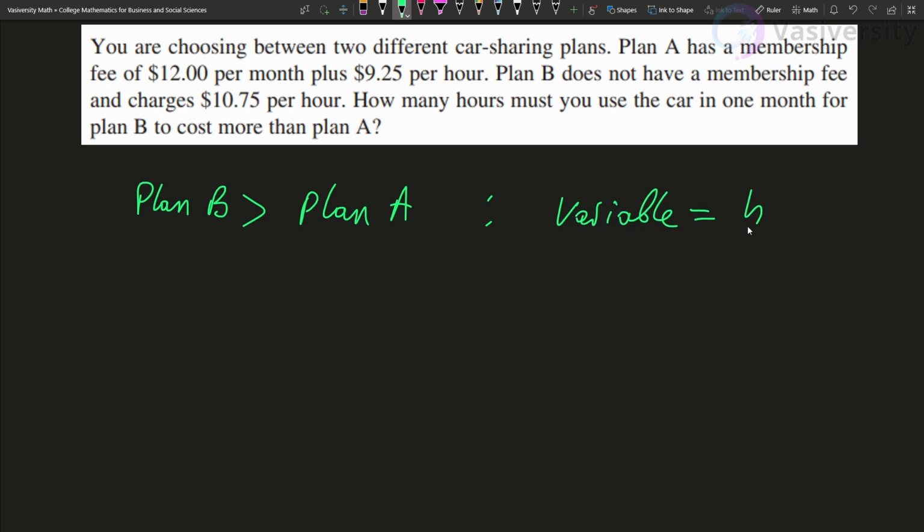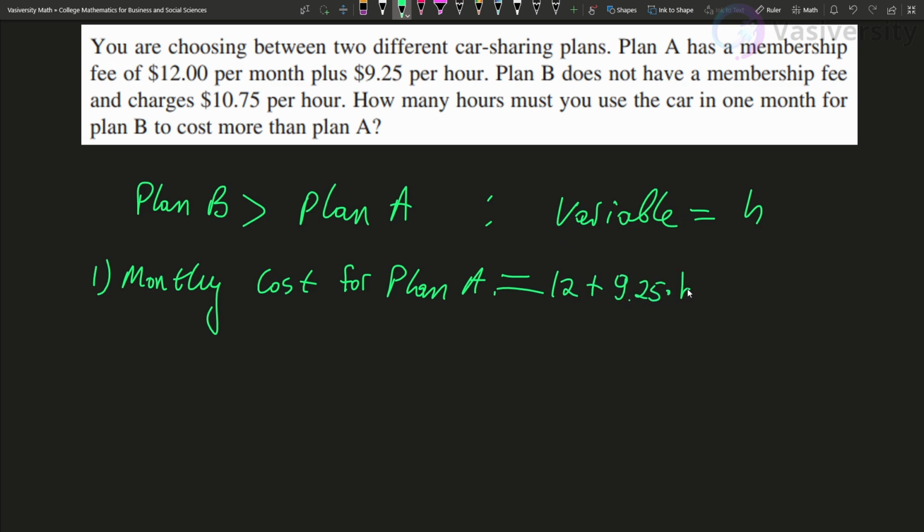So let's first find the monthly cost for Plan A. What would that be? So the plan membership has $12. So that's going to be $12 plus 9.25 per hour. So it's going to be 9.25 times the hours, our variable h. So it depends how many hours we have. That's how much money we'll add on.